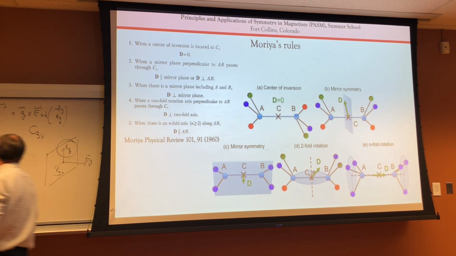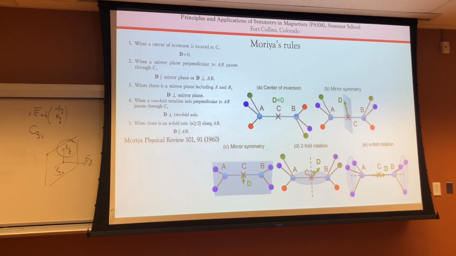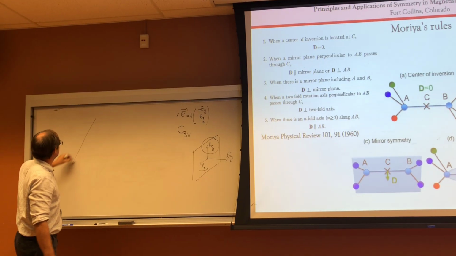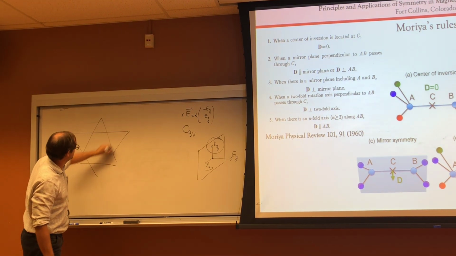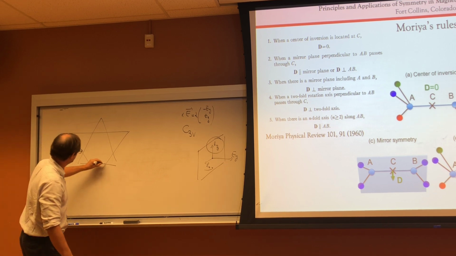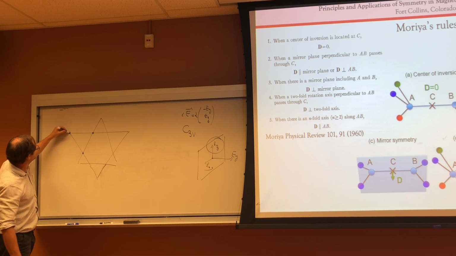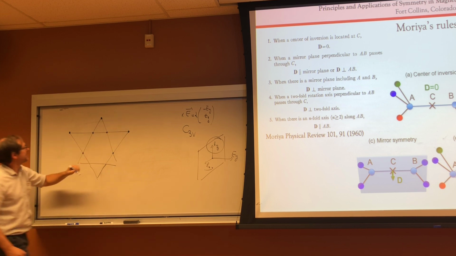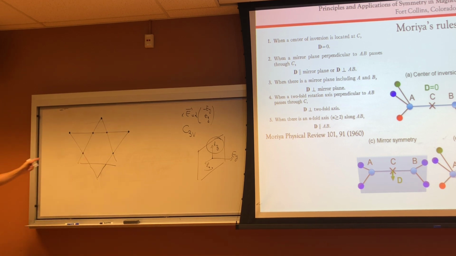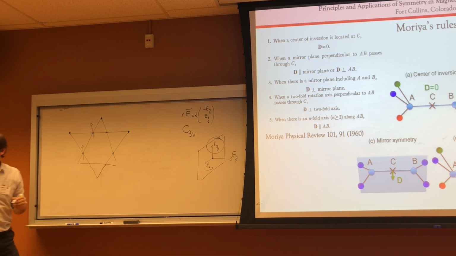If you take a Kagome lattice, for example, that's probably a good way to visualize. Kagome is something like that. Let's say I'm going to put some magnetic moments here. And you immediately see that there must be some Dzyaloshinskii-Moriya interaction between this magnetic moment and this magnetic moment.